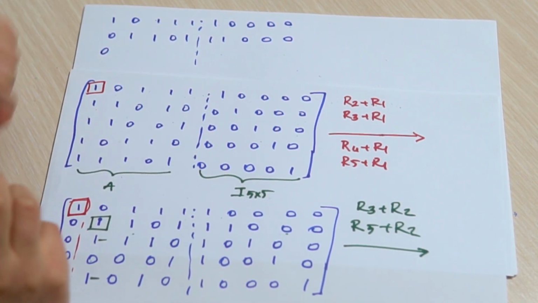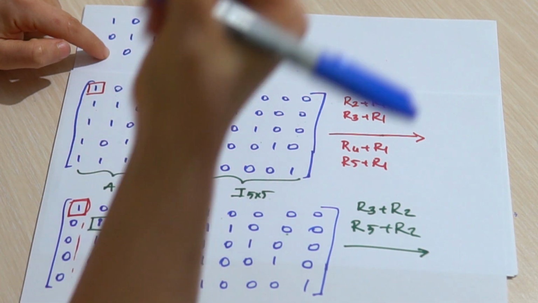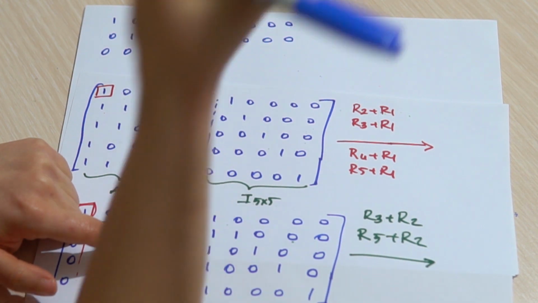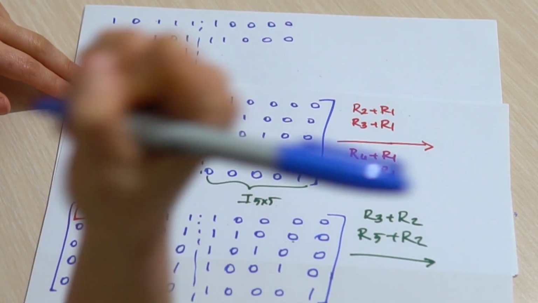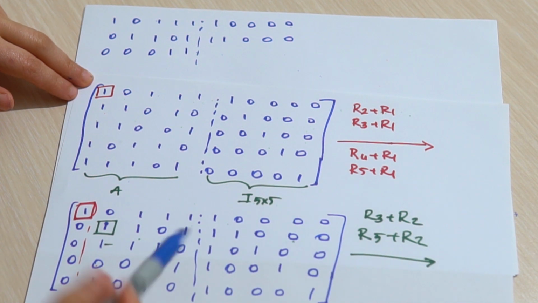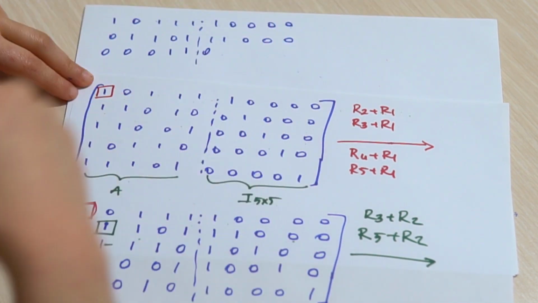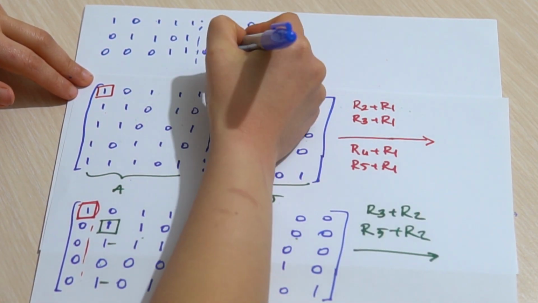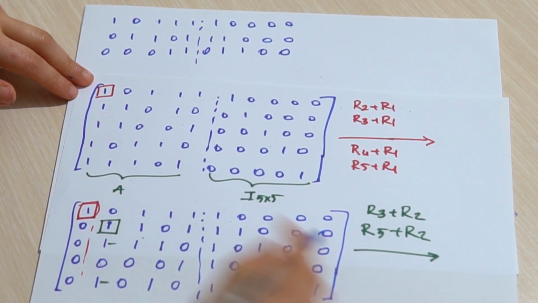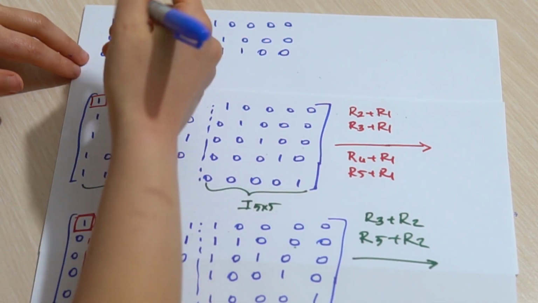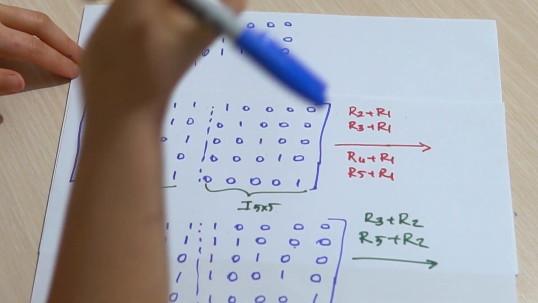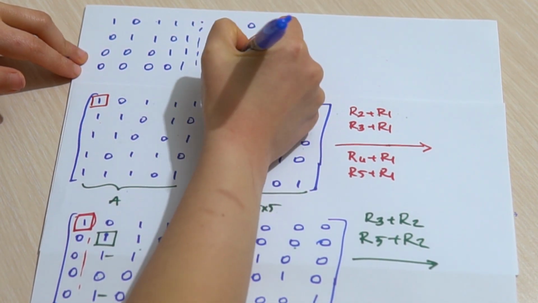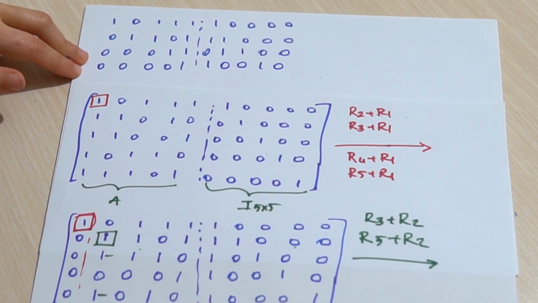When I add 1 here, I will have 1 plus 1, 0, 1 plus 1, 0, 0 plus 1 is 1, and 1 plus 0 is 1. Then here 1 plus 1 is 0, and 0 plus 1 is 1, 0 plus 1 is 1, 0, 0. And I didn't do anything to row 4, so I will write row 4 the same.